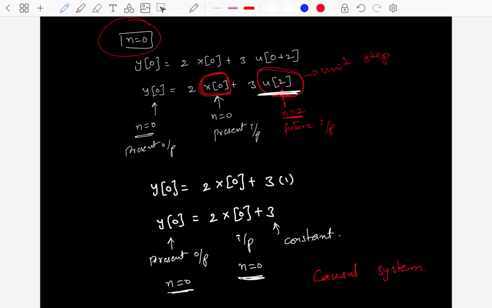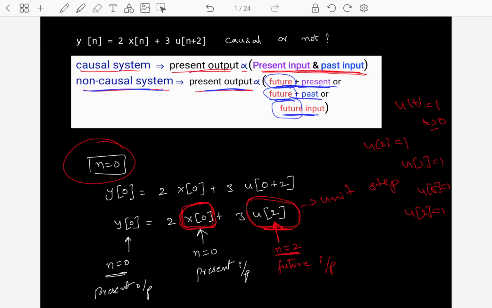By substituting any value of n, we will get the present output depending on the present input only. This is constant. We don't care about this while finding causal or non-causal. So the total system is a causal system.